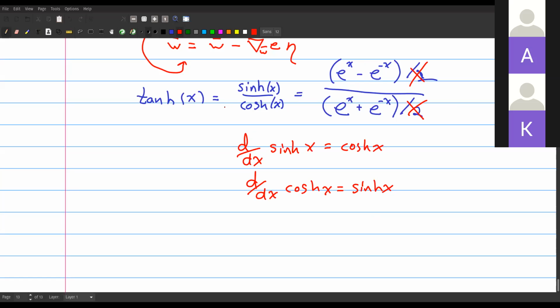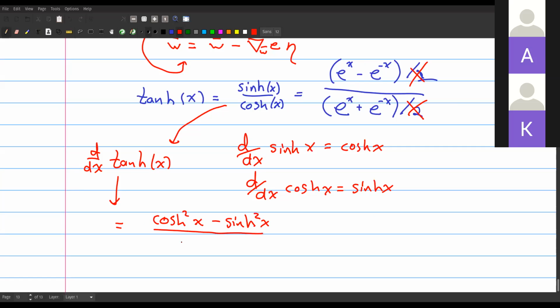So if you compute the derivative of hyperbolic tangent using the quotient rule, it becomes hyperbolic cosine squared minus hyperbolic sine squared, divided by hyperbolic cosine squared.